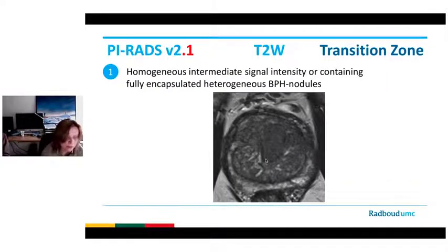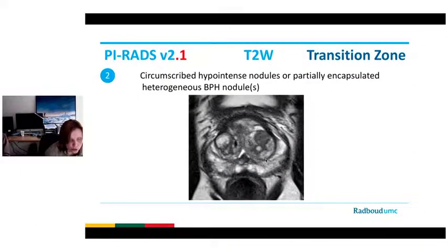Usually the transition zone has a lot of adenomatous nodules, and it has a very mixed signal. So if we see nothing except heterogeneous nodules, it's PI-RADS 1 in the transition zone. And then we have a change that was made in version 2.1.